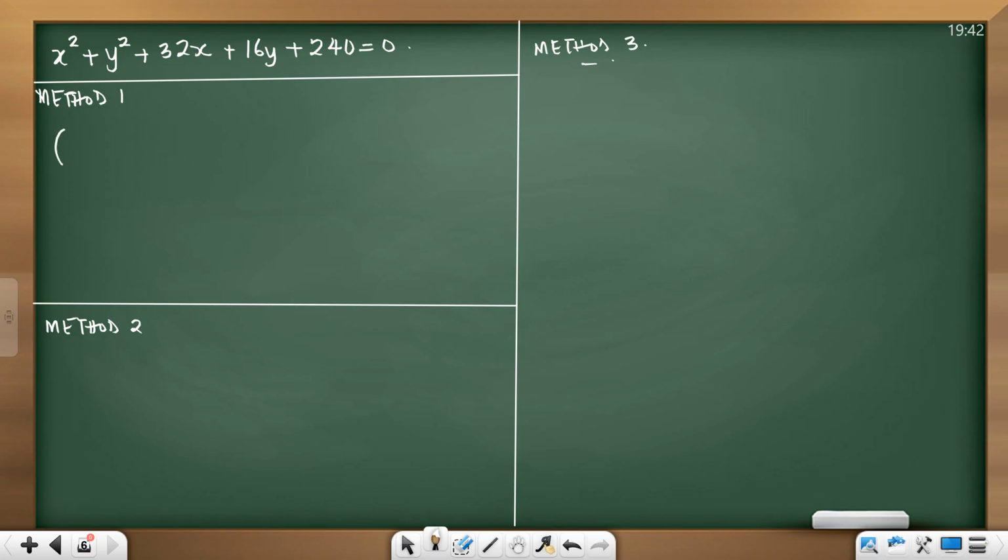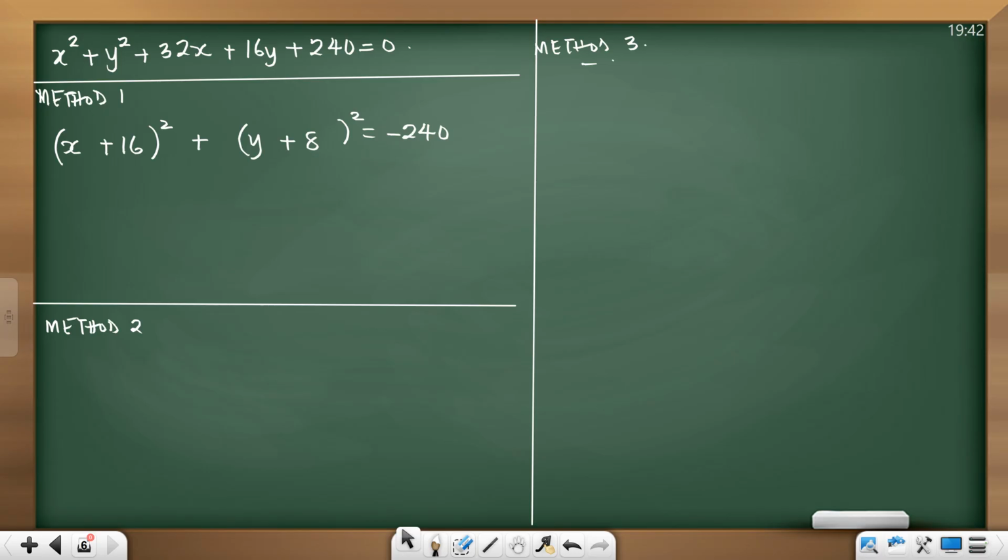Okay, what do we have? If I open my two brackets quickly, I already know this is negative 240. I have x there, I have y there. What is half of 32? 16. What is half of 16? 8. What is 16 squared, by the way? I'm lying, 256. Yes. Okay. Oh, I'm not bad anyway. All right. 256 and 64.